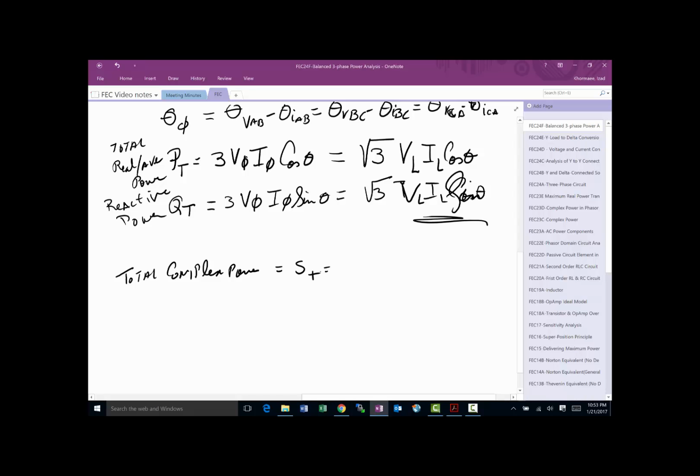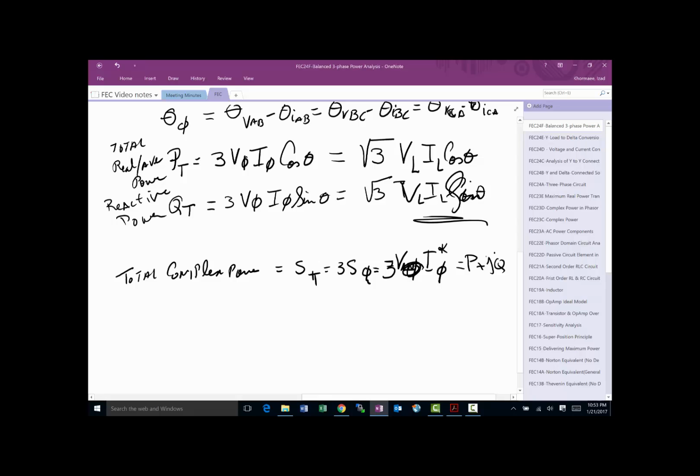S total is equal to 3S of a phase, and we remember that the complex power of a phase is V of a given phase, any of them, times I conjugate of that phase, and we have to have 3 of these. And this whole thing is basically P plus jQ.